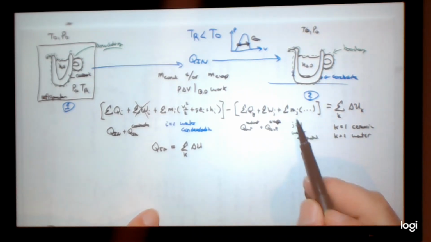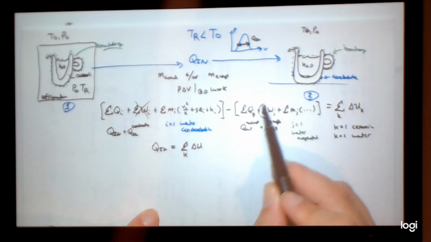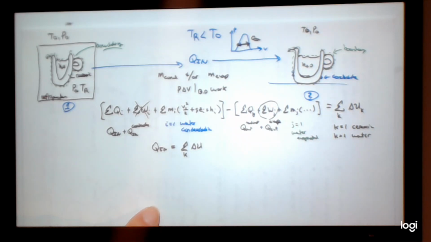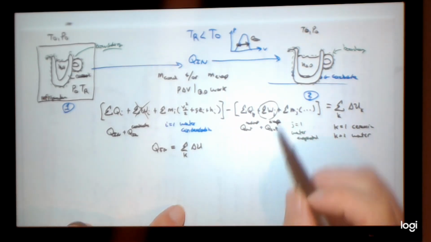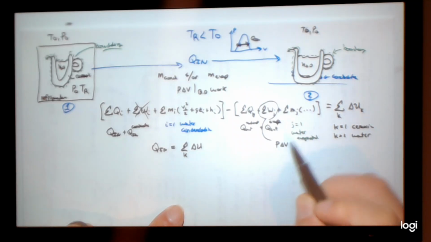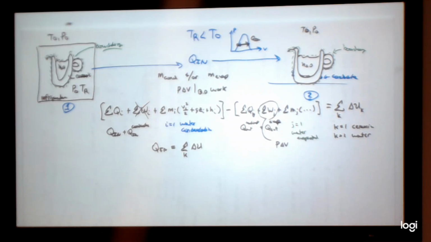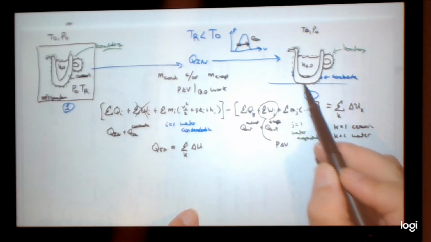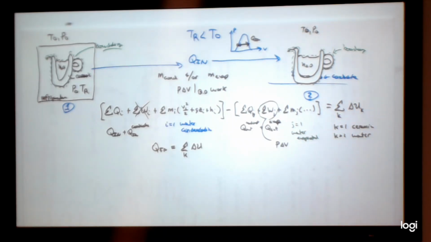Now, of course, one thing I didn't do is this boundary work. Okay, so it got bigger. So also on this piece, you have some P delta V. It was expansion at constant pressure, but it expanded a little bit. That's basically the change in volume of your system. Of course, if you were to measure it, if we did this experiment, you wouldn't even be able to measure it without some really sophisticated instruments, how much the ceramic expanded.